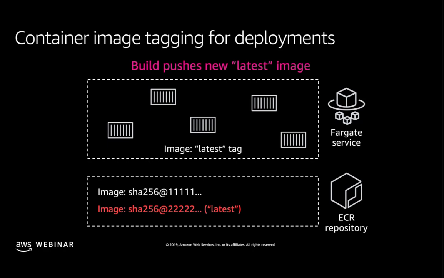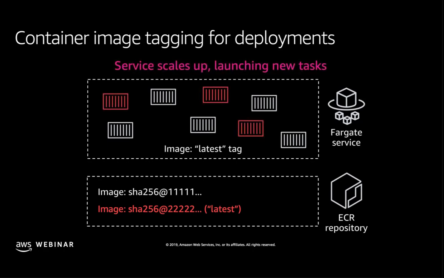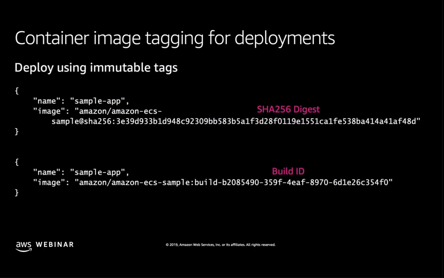So now we've got our new image that's tagged as the latest. And the service scales up, you've got more traffic, so there's a scale-up event, and it starts launching new tasks. So if your service definition is based off of latest, it's going to automatically launch off that new container image that may not have gotten through all the testing in your full CI/CD pipeline, and so you might have undesirable results then. So what you want to do is deploy using immutable tags.